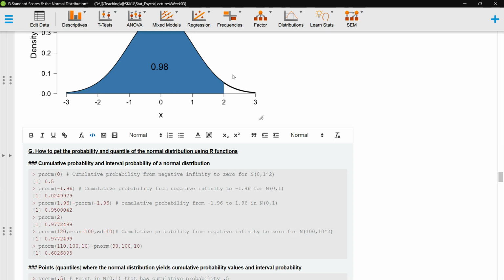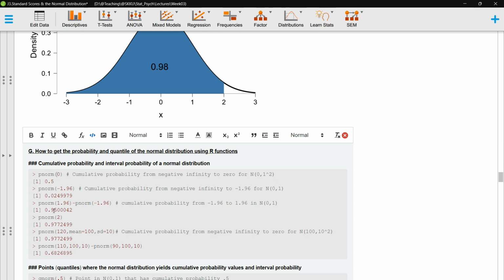And because this is a symmetric distribution, we have the same amount of area greater than 1.96, right? So that's the reason why we have a total of approximately 5% outside the range, smaller than minus 1.96 and greater than 1.96.